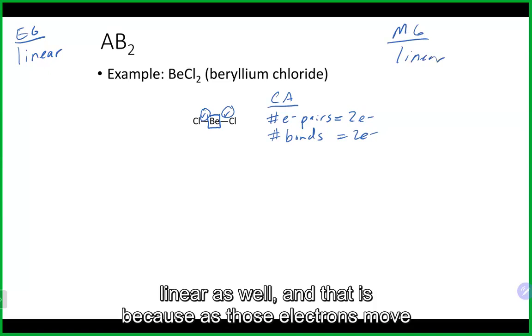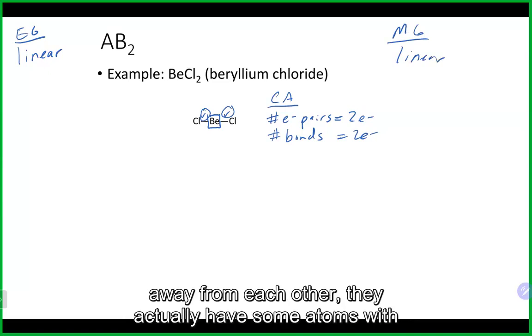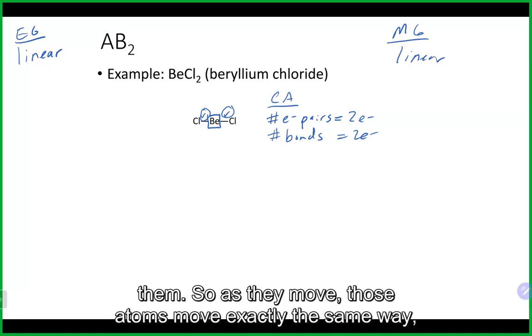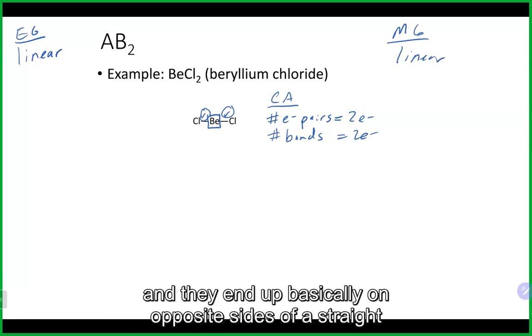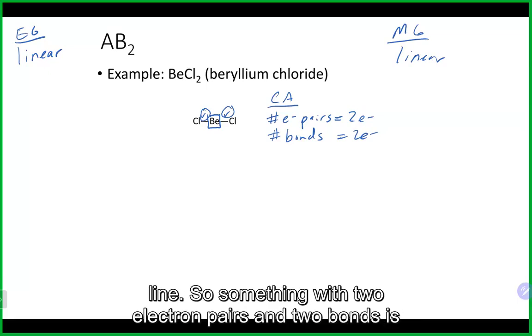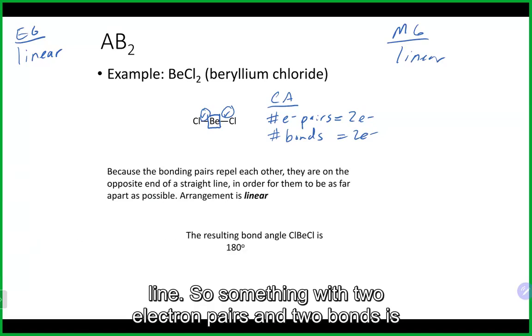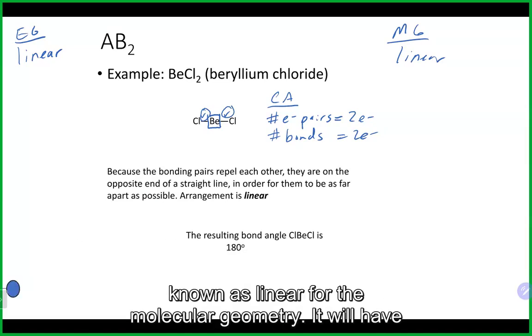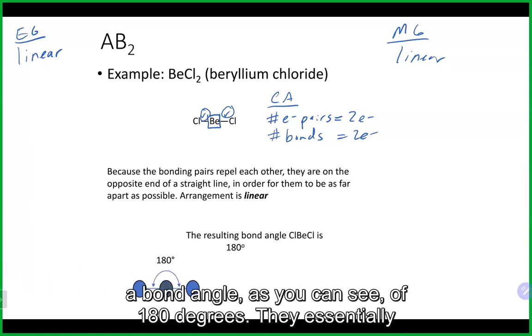And that is because as those electrons move away from each other, they actually have some atoms with them. So as they move, those atoms move exactly the same way, and they end up on opposite sides of a straight line. So something with two electron pairs and two bonds is known as linear for the molecular geometry. It will have a bond angle, as you can see, of 180 degrees.